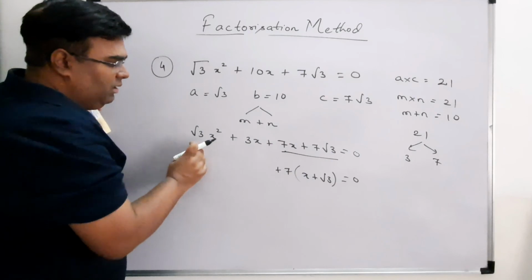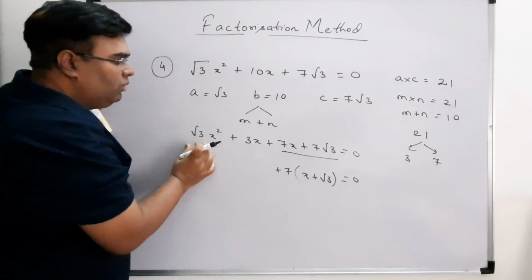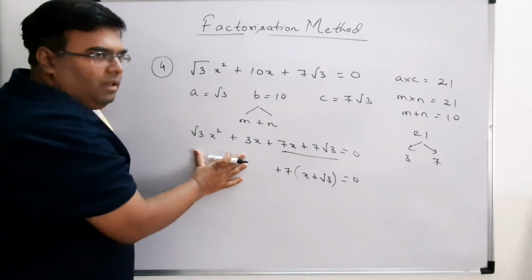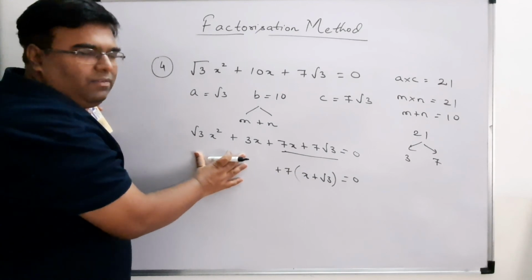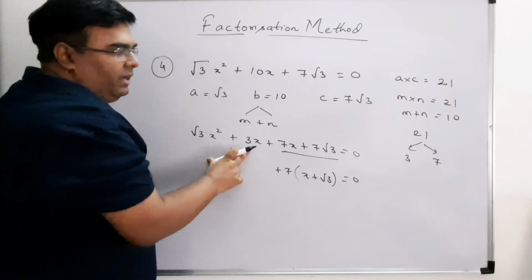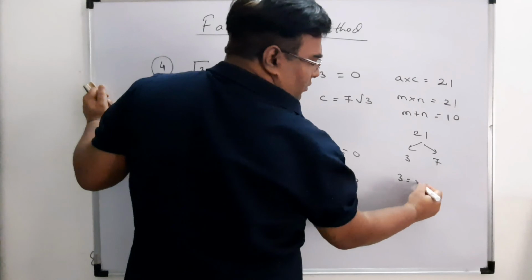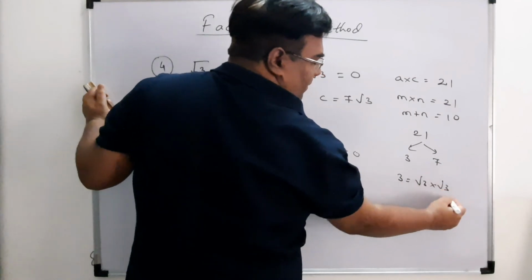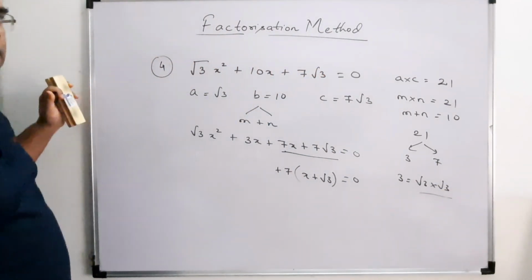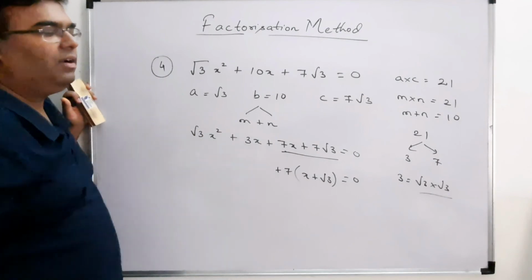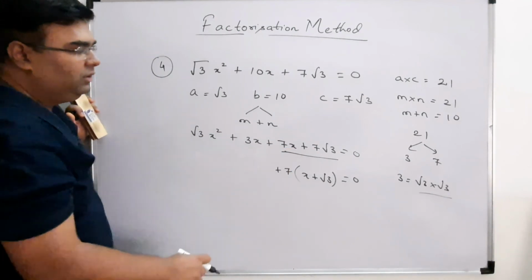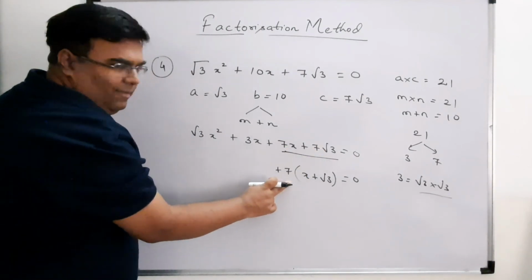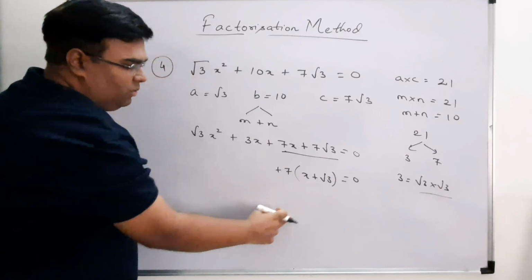Because some students don't know how to factorize this thing, and because basically we forget that 3 can be written as root 3 into root 3, right? But for some students it is difficult to understand that part. So what we have done, 7 I have taken here, it will be x plus root 3.